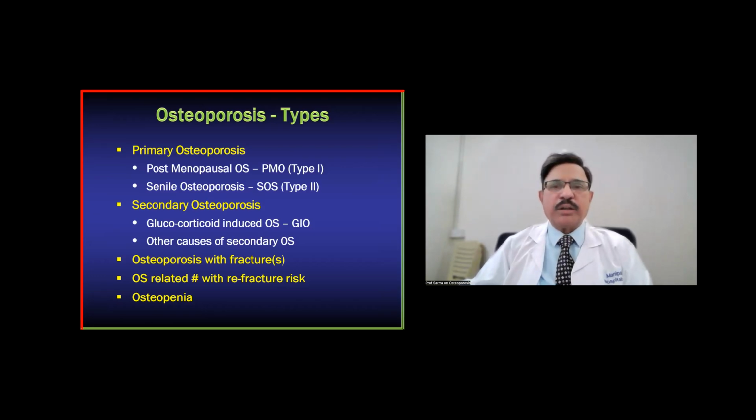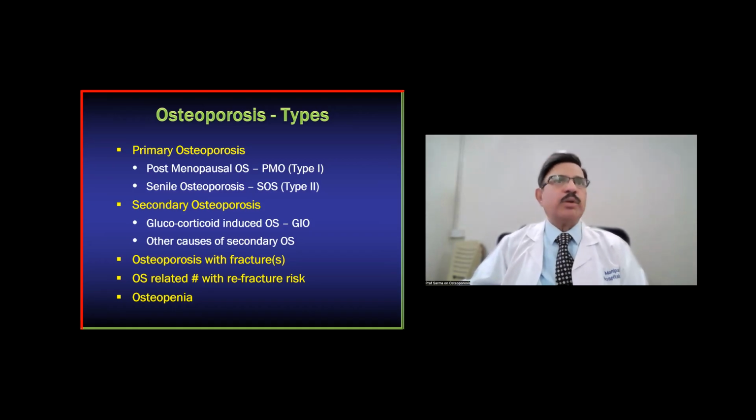First important thing is PMO, not Prime Minister's Office. PMO is postmenopausal osteoporosis, called type 1 osteoporosis. And SOS is senile osteoporosis, also called type 2 osteoporosis.